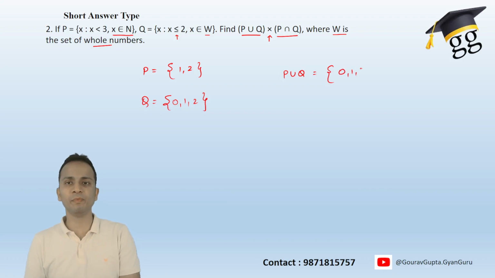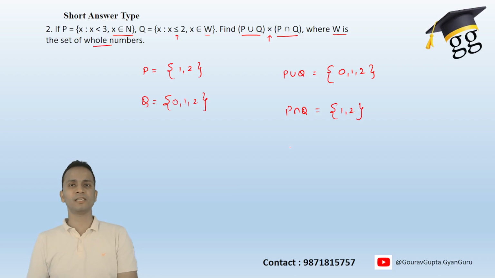Similarly, P intersection Q will have all the elements which are in P and Q, present in both sets. Which elements are there? 1 and 2 are present in both the sets. So this is P intersection Q.